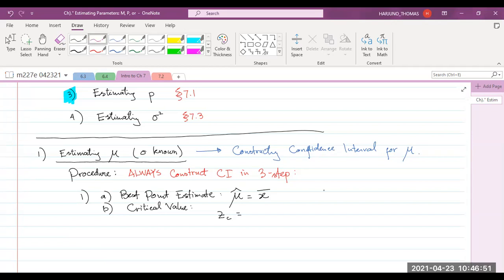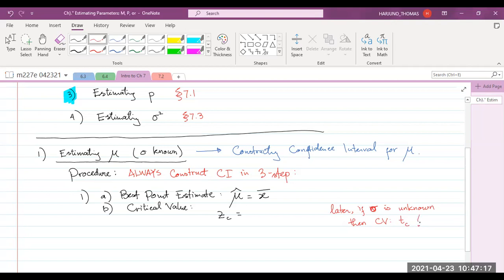Now, later on, if sigma is unknown, then the critical value will use T critical instead.